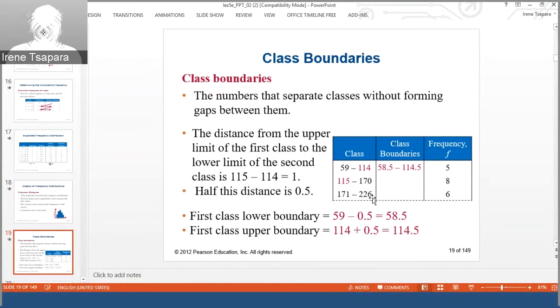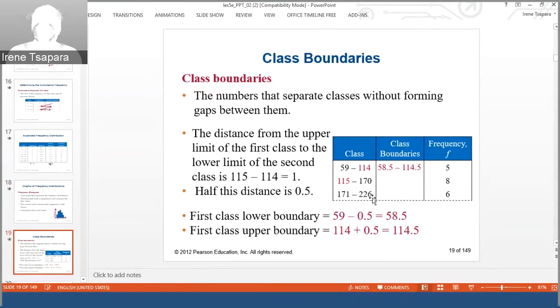This never happens in real life. You will always go to a store and they will tell you 59.99 or something similar, or 59.5, and so on. So it is possible, by looking at your data, that one of these data points doesn't fall in any of these classes. It falls in between the classes.